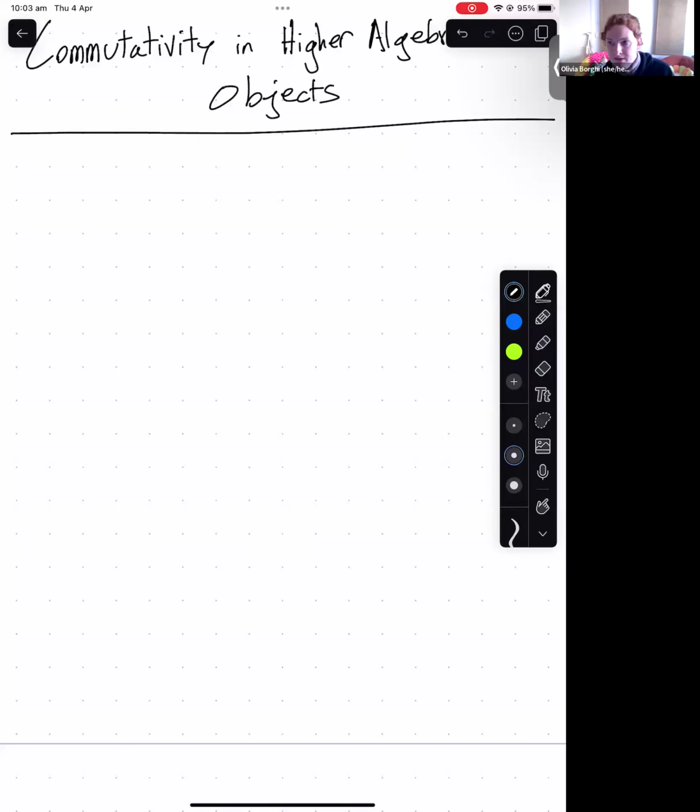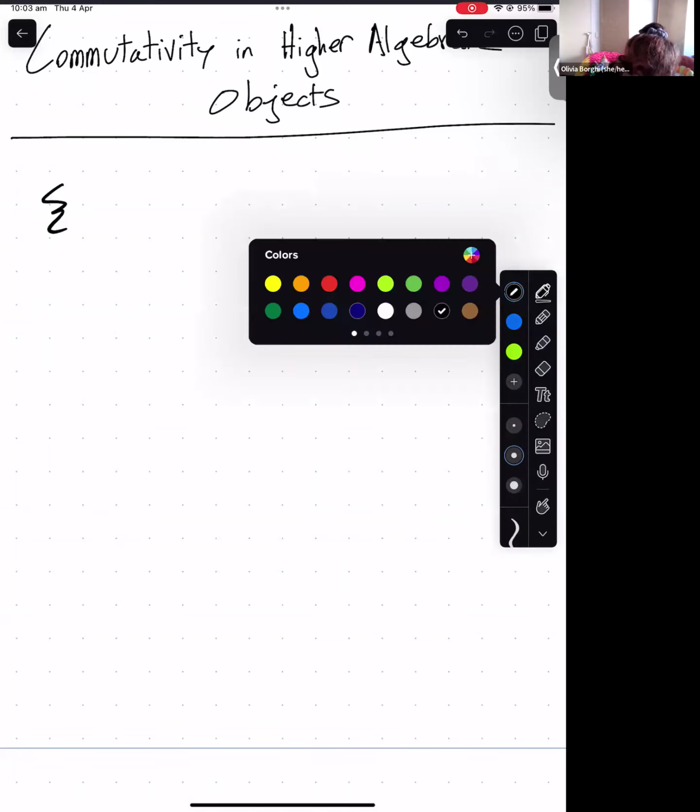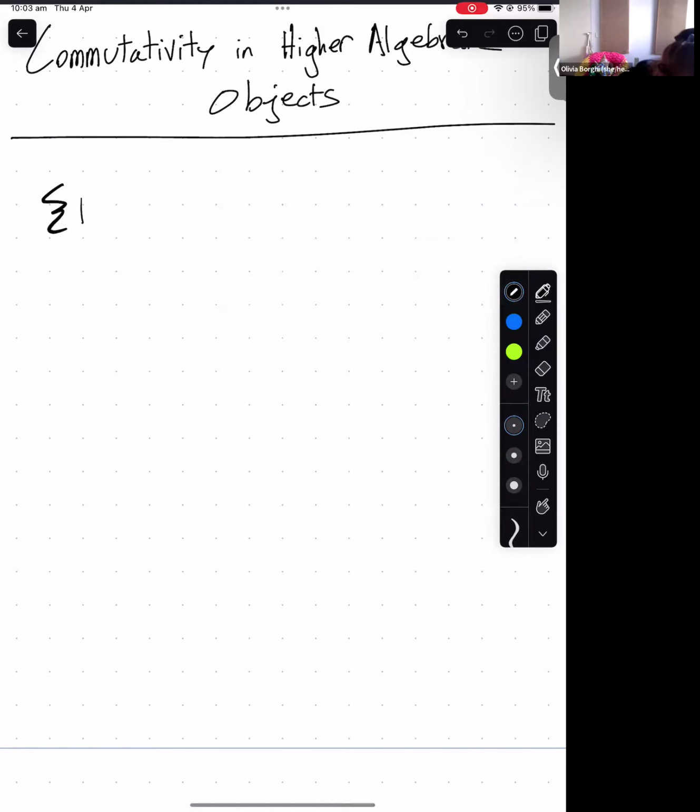It's called the parenthesized symmetry operad. That looks something like this. If you're unfamiliar with operads, just imagine I'm building a sequence of groupoids.